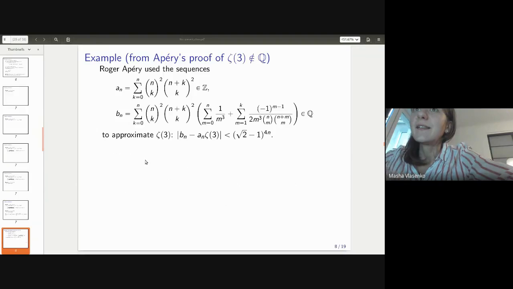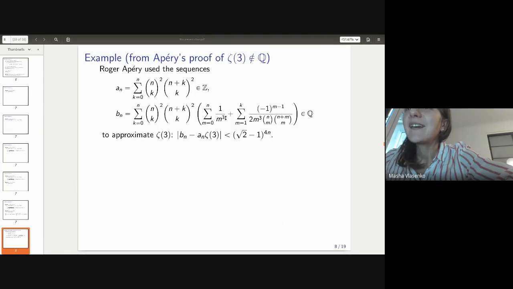And the next example is from the famous proof of irrationality of zeta of 3. In that proof, Roger Apéry uses two sequences of numbers, integers and rational numbers, which approximate zeta of 3 in the following way.